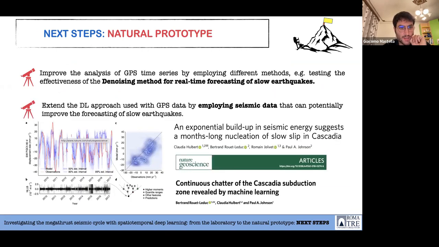We would like to extend the deep learning approach not only with geodetic data, but also using seismic data that can potentially improve the forecasting of slow earthquakes, given that recently it has been demonstrated that there is a strong connection between the tremors measured along the Cascadia subduction margin and the signature of geodetic data observed at the surface of our planet.